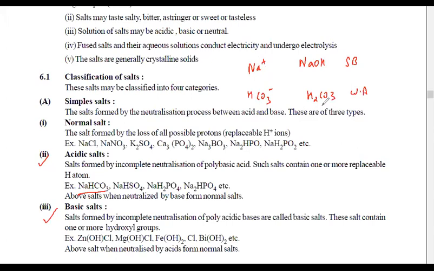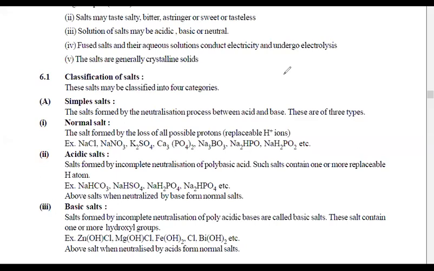Strong base and weak acid, so obviously it will be... it is opposite, basic.